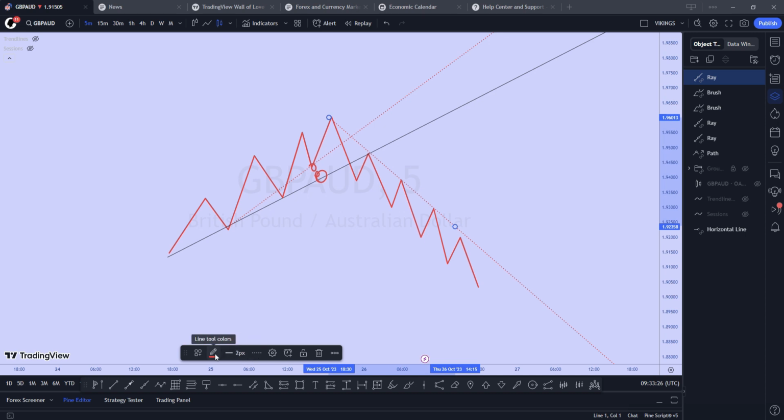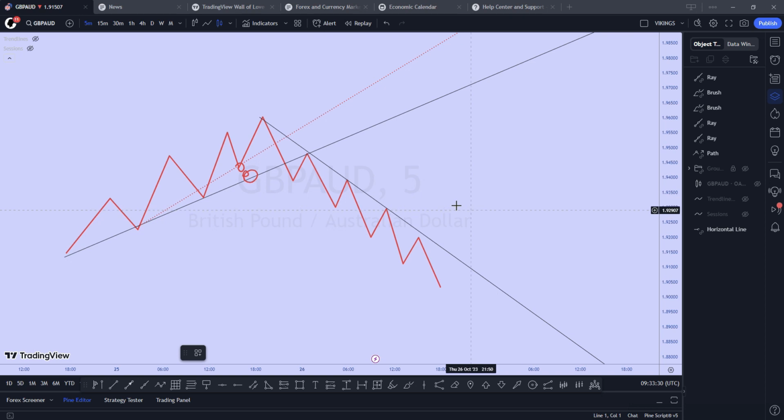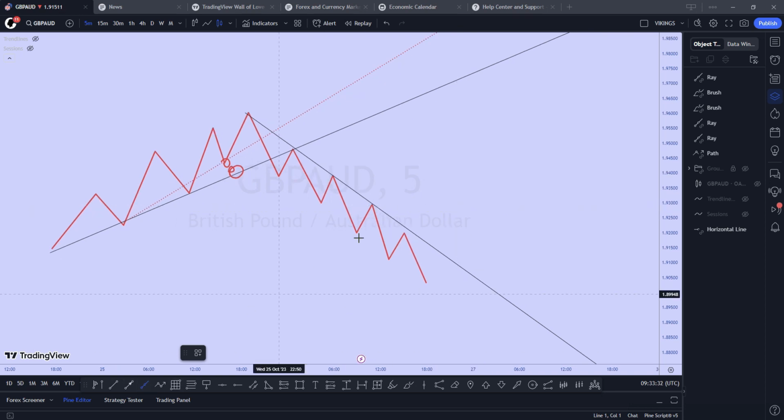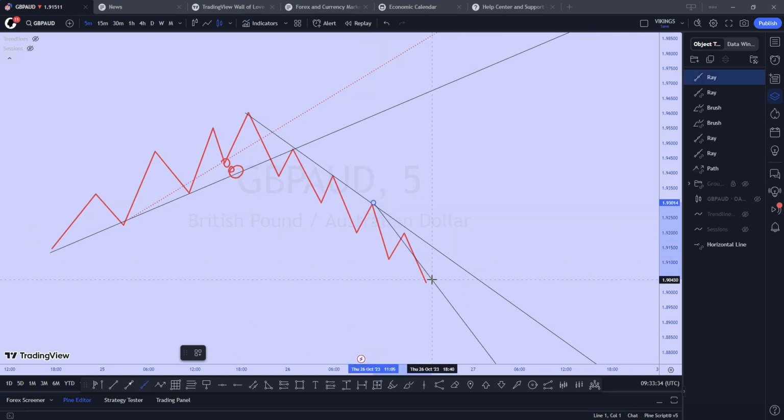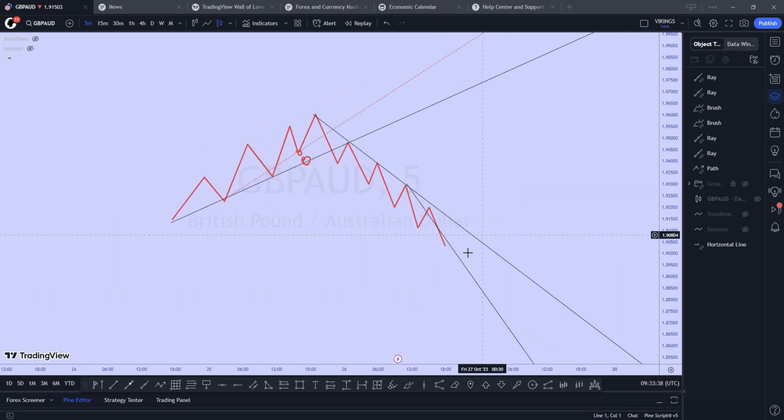You can have a sub trend line like this inside the main one. Sometimes what the market does is it respects the sub one and will still trend. When it got broken, it comes back to the main one and it will still trend. That's how it does.